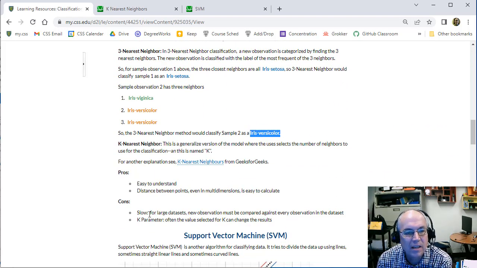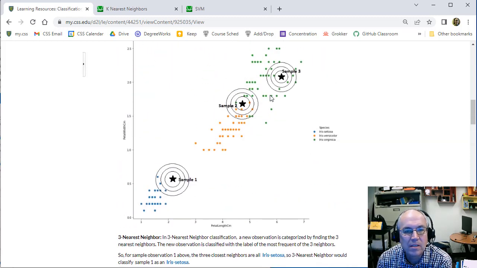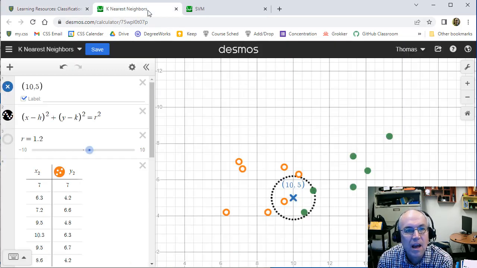Also, the size of k for most places, like here, if k is 1 or 3 or 5 or 21, it'll all be green here. But in other areas, the hard-to-decide ones, the choice of k will change the results. And that's what we saw here: when we're looking at just one nearest neighbor, it's orange.